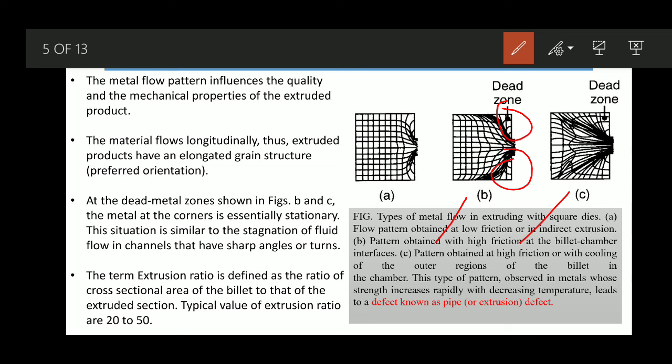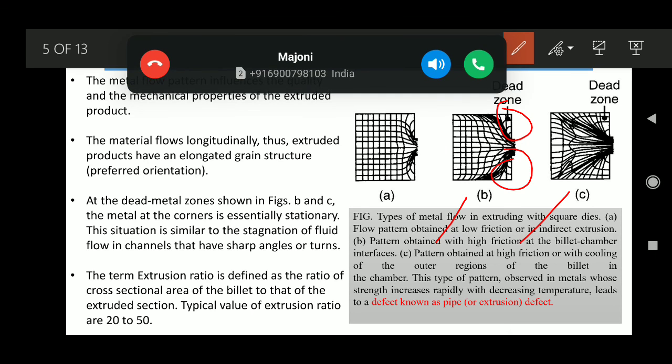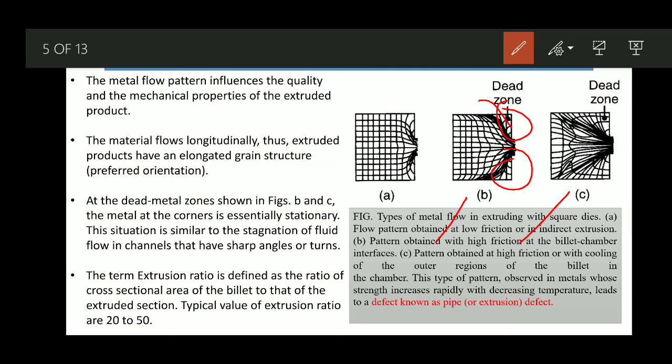As we already know in the case of fluid flow, through this particular portion there will not be any movement at all. So here also this kind of problem is there. Where there is no movement at all, where no metal is flowing, that is known as the dead zone.